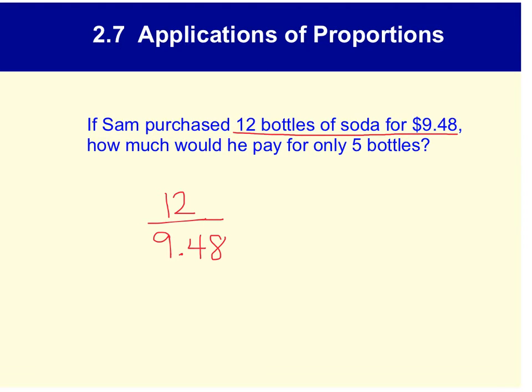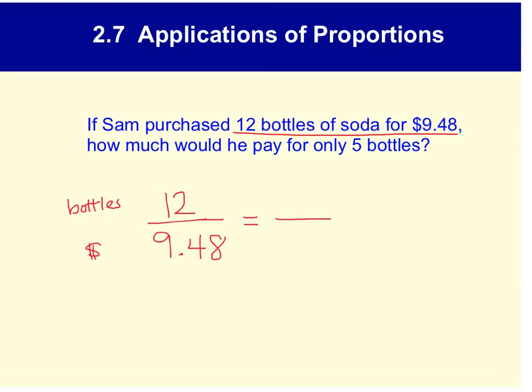It honestly doesn't matter. What you want to do off on the side is think about what these labels are. The 12 was 12 bottles, and the 948 was our cost, so that's the dollar amount. So we're going to set up a proportion, and set this equal to something. Now they gave us one other piece of information that we're going to fit into this proportion.